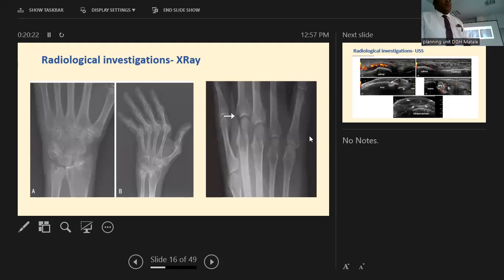In that case, we would be starting the treatment early rather than going for anti-CCP and all. Because I believe this would not cost us much more than 2,000 to 3,000 rupees.